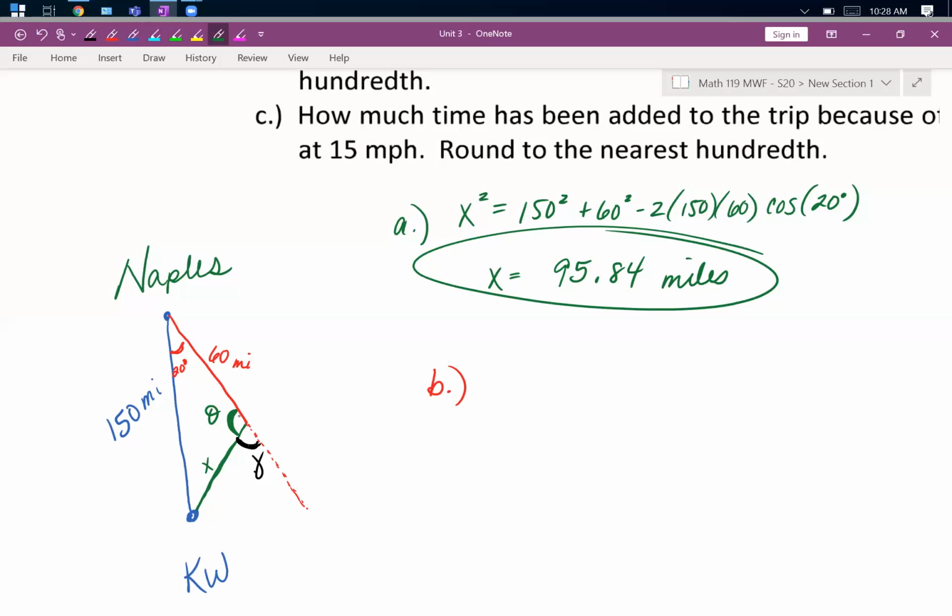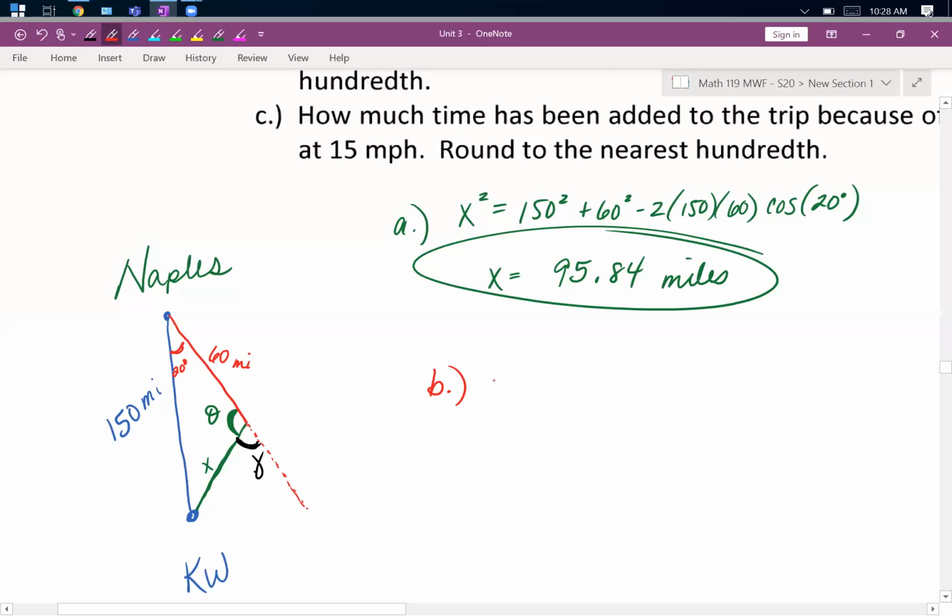Sure. We could use the law of cosines because we just found x, or we could use the law of sines as well because we figured out x. It doesn't make a difference, whichever one you prefer. So let's do law of cosines since that's what Jordan suggested, finding that angle theta.